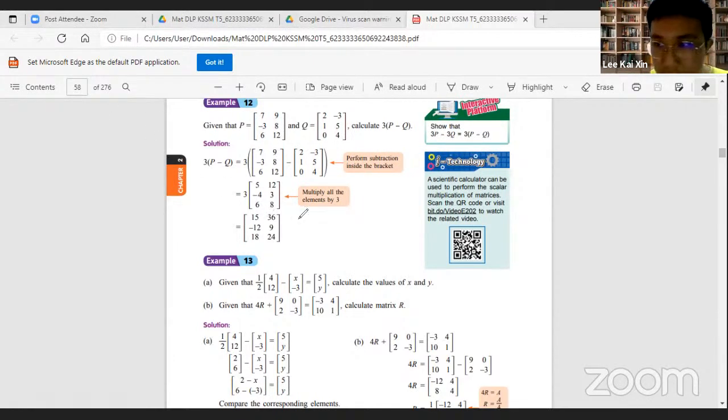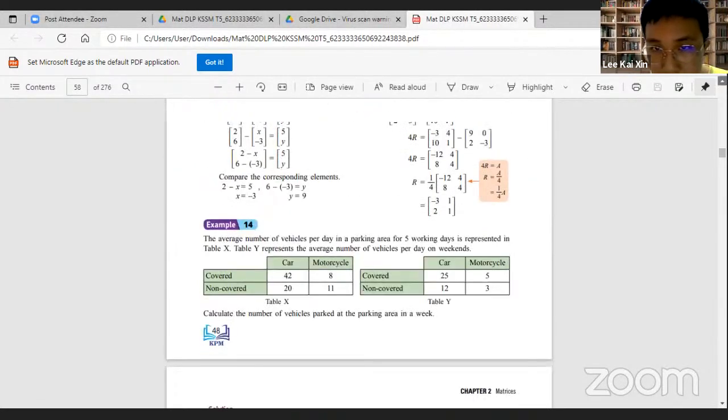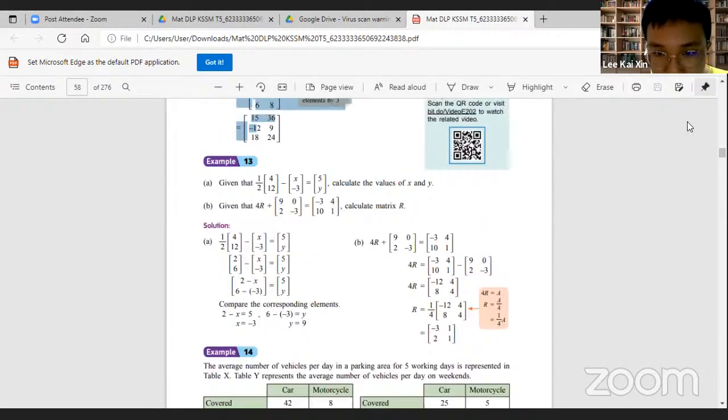Actually, you can have a few methods, but let us see how the book teaches you. The book says 4R equals to this. Okay, this one is a question. So 4R, you move this, it becomes minus. So R is the whole thing here, divided by 4, but you cannot put divide like that, right?